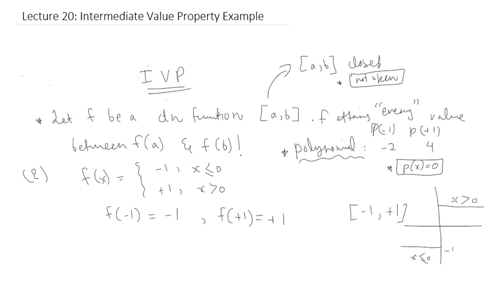The function is defined as such to cater for all possible values of x. So there's x less than 0, x equal to 0, and x greater than 0. Luckily, these two cases are taken care of in this function, and the other case is taken care of in this function, due to which we can apply the intermediate value theorem over here for this specific function. It's a piecewise function. It's a step function, actually. It's different, but the intermediate value property can still be applied over here.